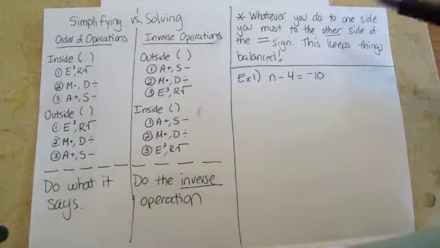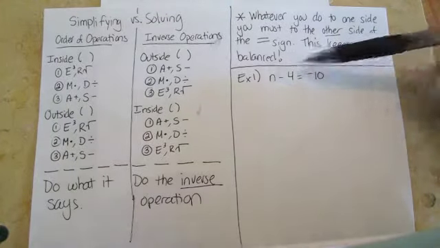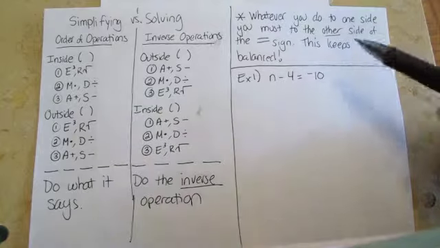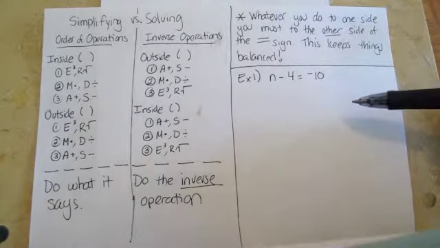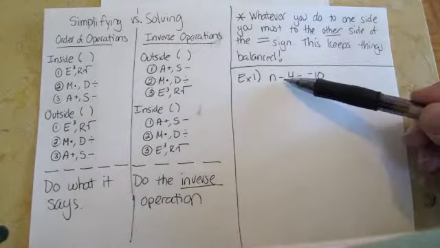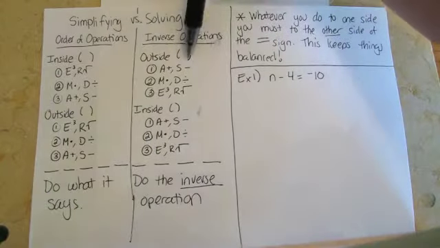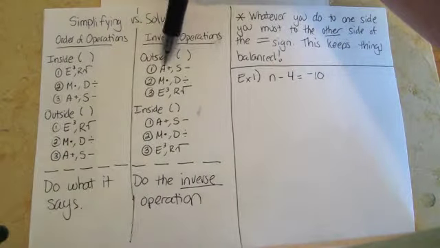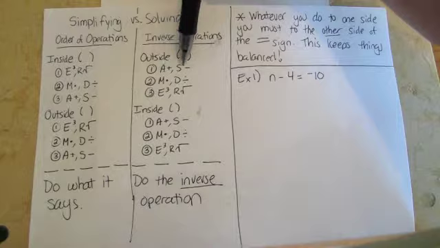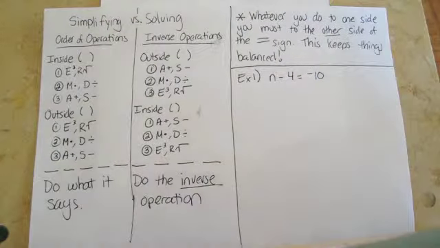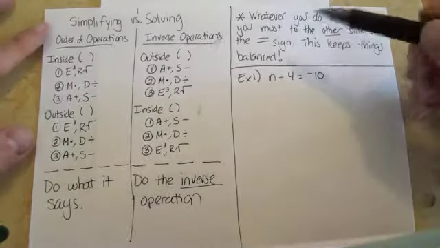We do the inverse operation. So if in our equation, like in example 1, you see a minus and we're solving, we're actually going to do the inverse of minus, which is its pair. So the inverse of subtraction is addition, and the inverse of addition is subtraction. So we're going to do the opposite of what it says. And our whole goal here is to figure out the value of n that makes our equation true using a systematic approach. So let's jump in.